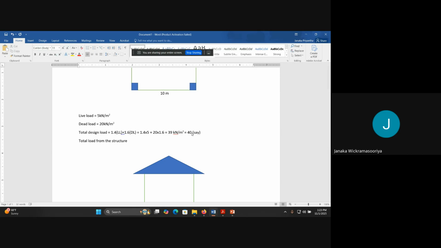Now this is just some value, right? This is how it should actually be taken from a proper structural analysis. Now just for some values I got this one, right?